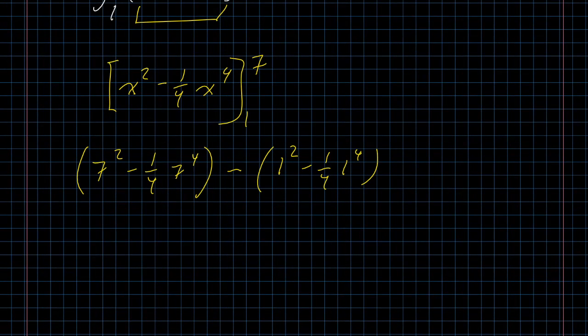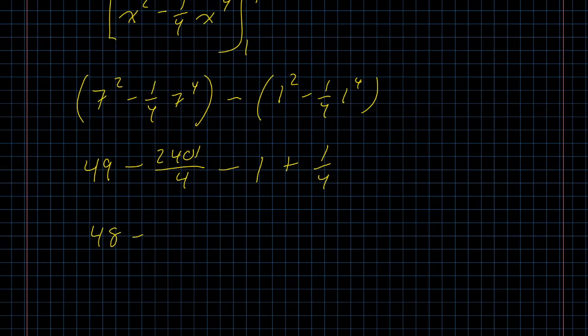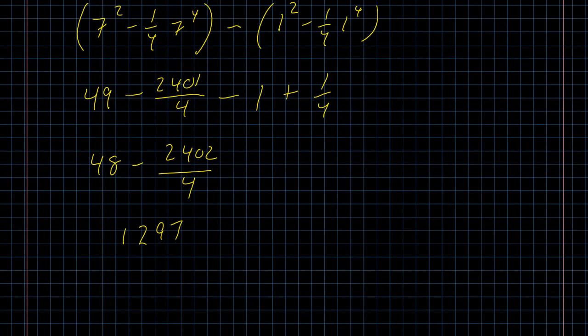All right, 7 squared is 49. 7 to the 4th power is 2,401. 1 squared is 1, minus a minus is plus, and so we end up with 48 minus 2,402 over 4, and I guess we can try to simplify that. 2,402 over 4, they're both even, so it will become 1,201 over 2. 48 is 96 over 2, so adding all those together, you get 1,297 over 2.